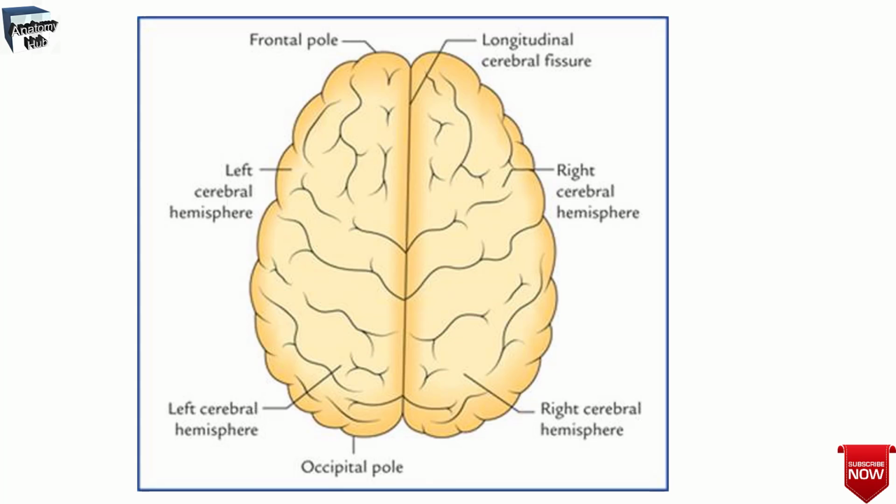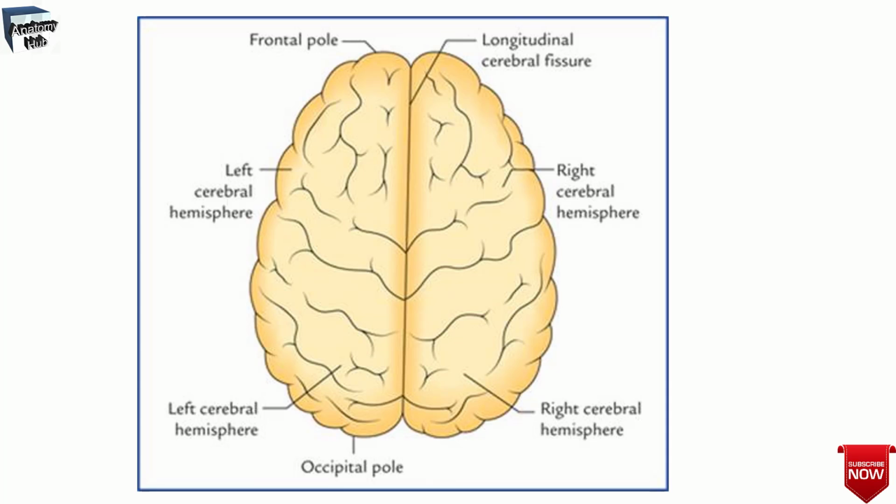These gyri and sulci form the boundaries within and between the lobes of the brain, which is divided into two hemispheres. Here you'll find the medial longitudinal fissure, the sulcus that separates the left and the right brain hemispheres, and in between these two there is a connector.